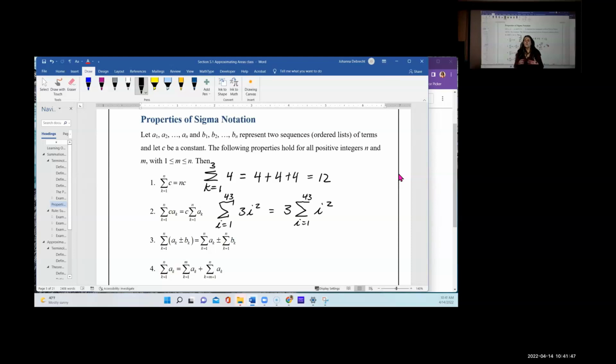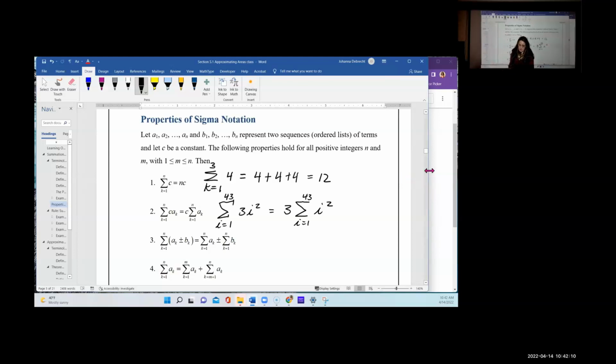So I could leave the 3 to multiply by the sum afterwards. The only thing that can't pass out of the sigma symbol is anything that depends on the index of summation. This is just like the indefinite integral. Anything that depends on the differential variable cannot pass outside of the integral.